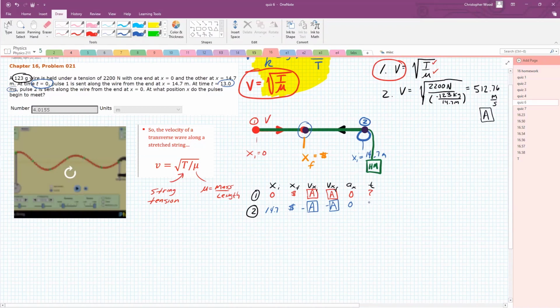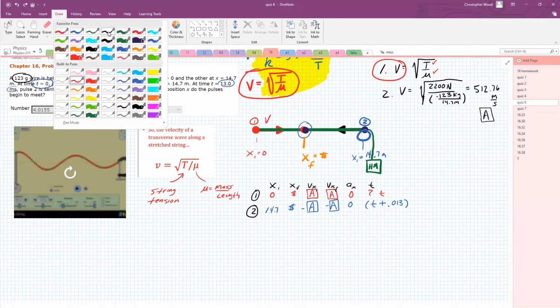I would say this will be t plus, because I have to wait 13 milliseconds, 0.013 seconds. Then I'll call this t. This is one way to do it. The alternative is you could call this t, and you could call this t minus 0.013, but I think that's equivalent. So anyway, I have to deal with the fact that these are not sent at the same instant in time. So that's how I deal with that situation. So there's my kinematics table.